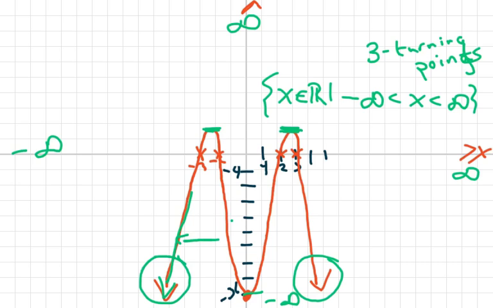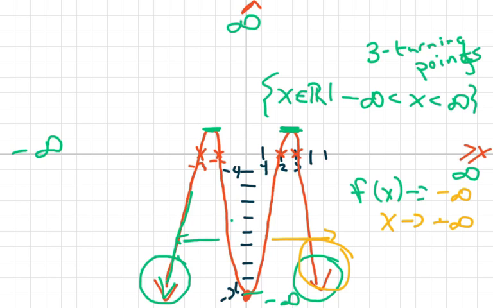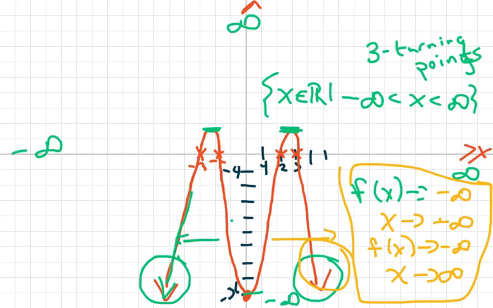So y goes to negative infinity as x approaches negative infinity. Now on this side, as x approaches infinity, we're looking at this part, y is still going down. So y approaches negative infinity as x approaches infinity. That's your end behavior, if you have to write it this way.